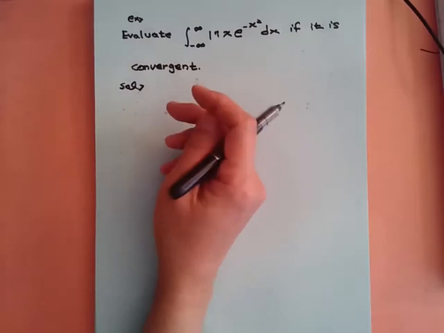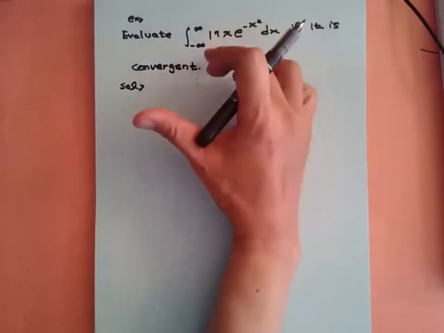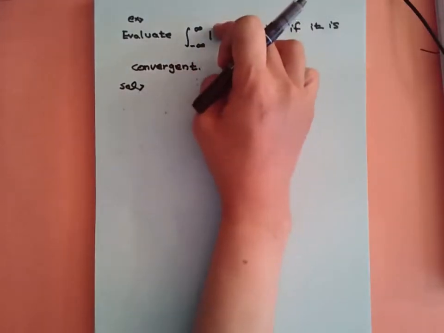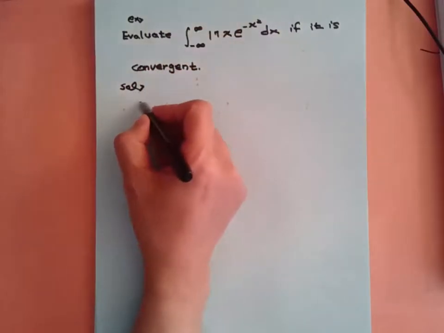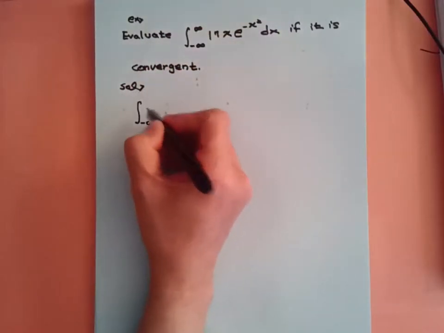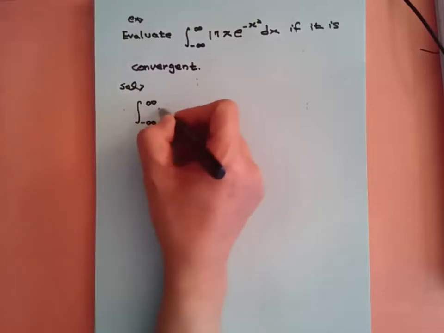This time, there is no lower bound and there is no upper bound. So what we have to do is break it down into two pieces.